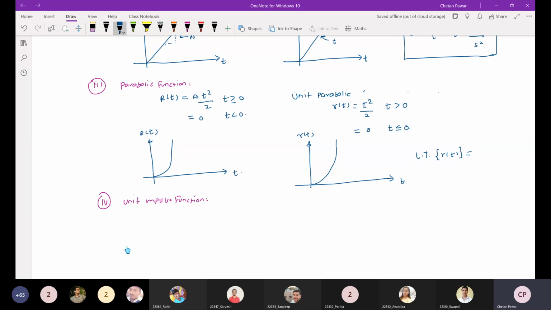No. Check. 1 upon s cube, since it is t square by 2, no?